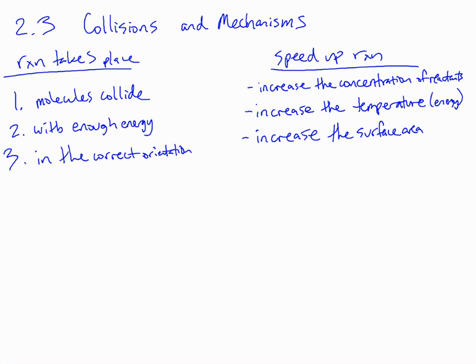But if we want to increase the surface area, probably the best way to do it is to cut it up into tiny pieces, or maybe get out a mortar and pestle, which is just this thing where you grind it up. You want to pulverize it, make it into the thinnest powder you can, and that's how you maximize the surface area. So the smaller the little particles, the more surface area it's going to have.